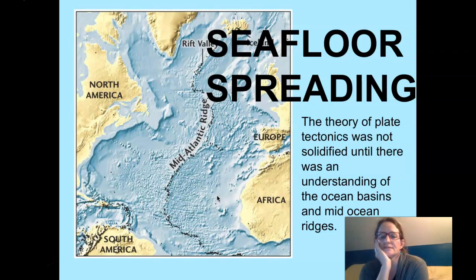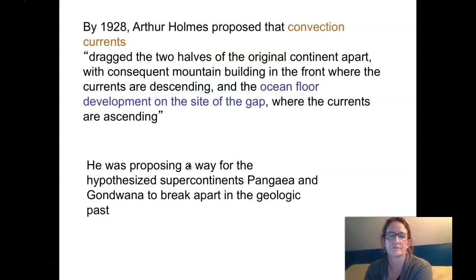He realized that there were things like the Mid-Atlantic Ridge, a giant mountain chain in the middle of our oceans. And that became the mechanism then for how ocean basins spread apart. And then it was realized that there were deep trenches on the edges of our ocean basins, and those trenches would be where the oceanic plate was going down and being consumed.